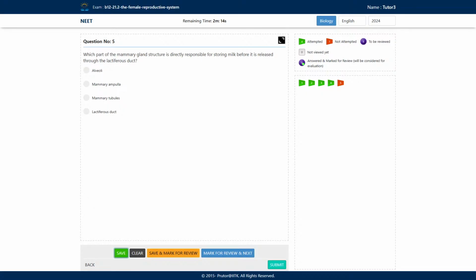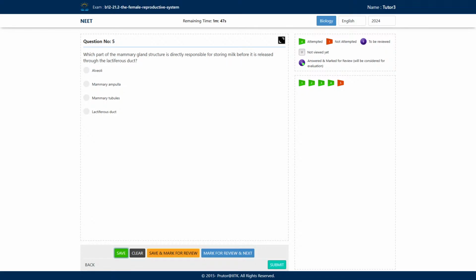Now, next question, which part of the mammary gland structure is directly responsible for storing milk before it is released through the lactiferous duct? So, milk is finally sucked out through the lactiferous duct. But where is the milk actually stored? Or which cells produce milk? Okay. So, what are the options?